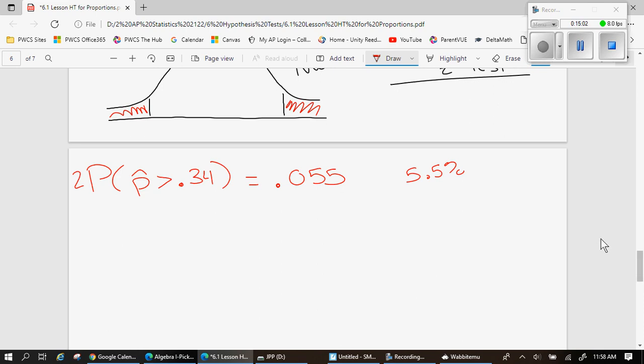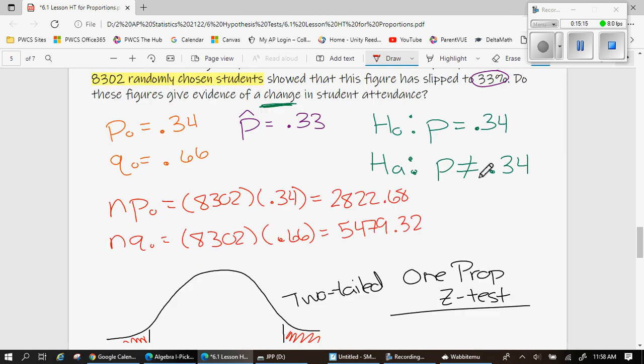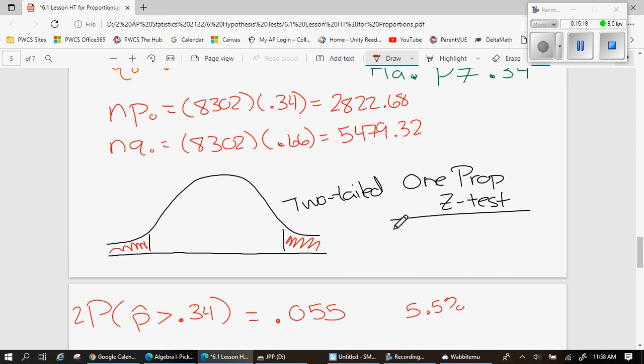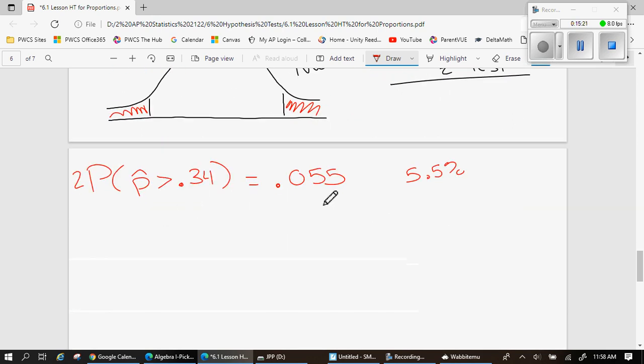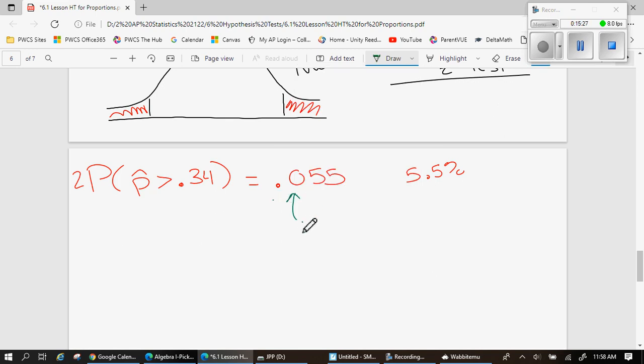At this point, I think we are going to just get to this point, and then in the next lesson we will talk about what sort of conclusion to draw. So the important thing to take from this lesson is writing your hypotheses, doing your calculation on the calculator, and then getting your p-value. So this is a p-value, and a p-value is a probability.